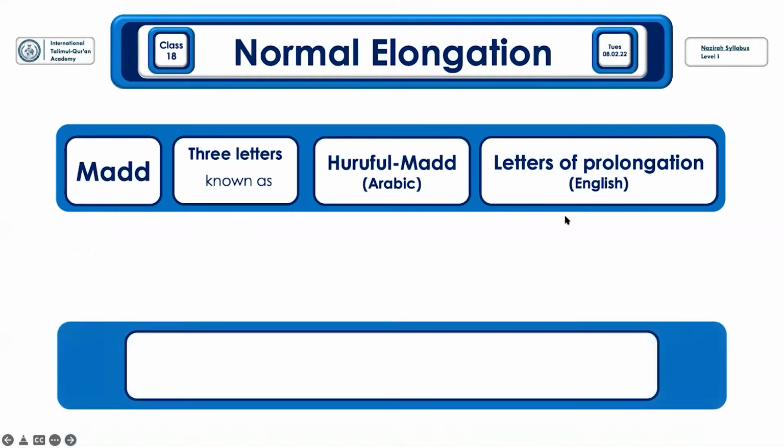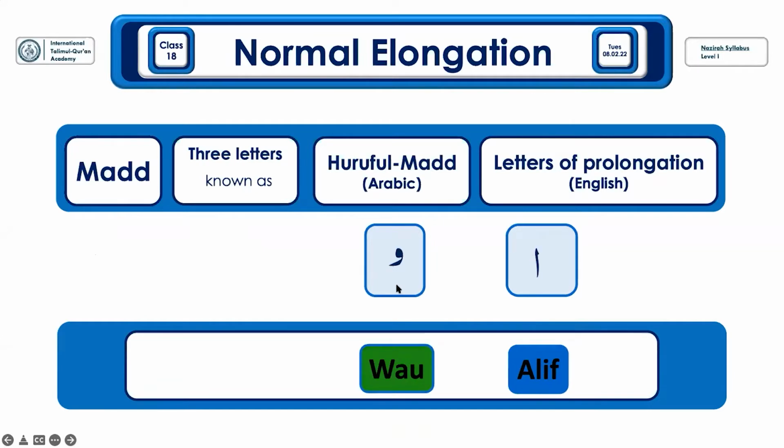Let's see which are those three letters. The first one is alif, the second one is waw, and the third one is ya. These three Arabic letters are the huruful mad, or the letters of prolongation.